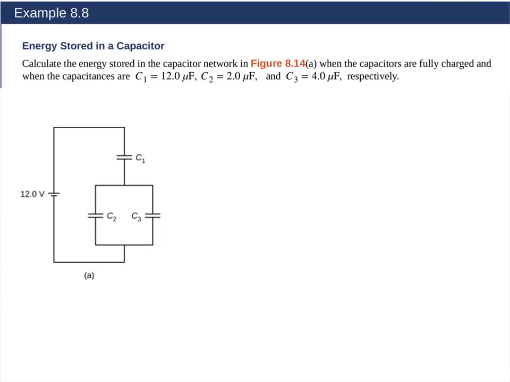And finally, it asked me to find the energy stored in this capacitor network when the capacitors are fully charged. These are the values that I worked with before in the problem from a few slides ago.